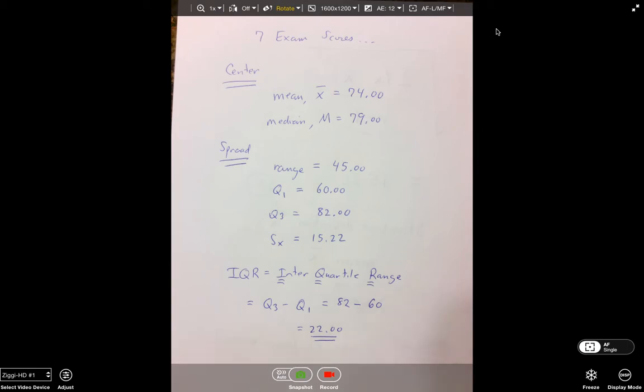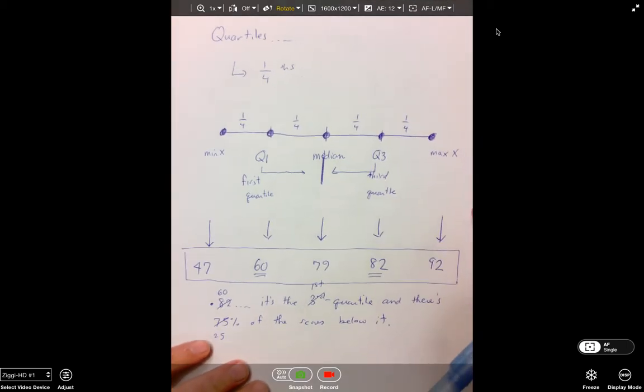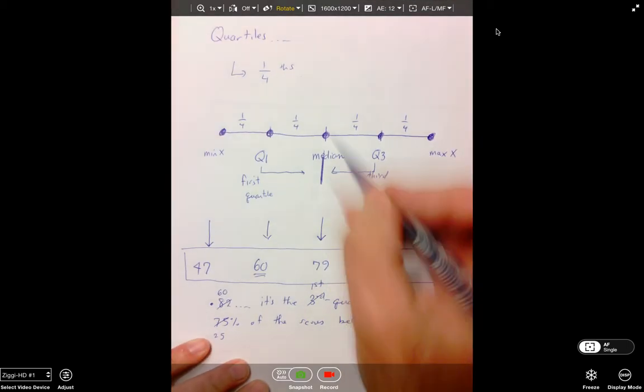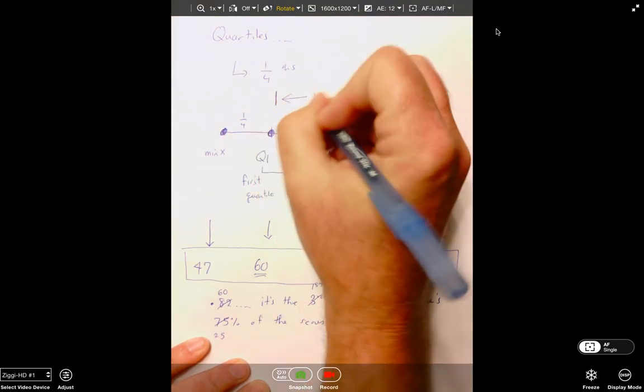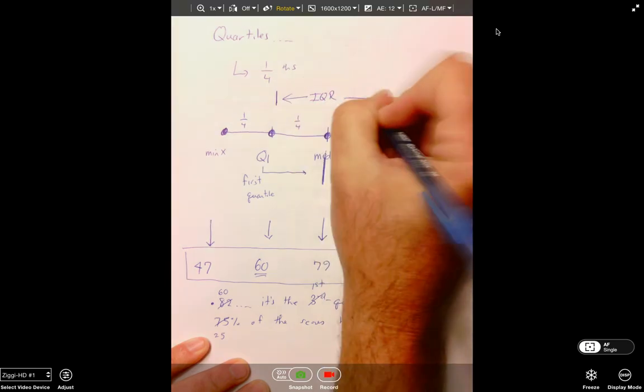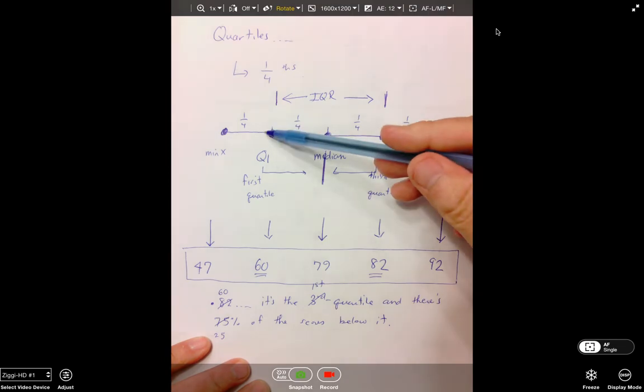You guys, the interquartile range is just the difference across the middle 50% of our data. Now, if I can go back and show you this drawing that I gave you earlier, the difference between here and here is the IQR, because we take Q3 minus Q1.